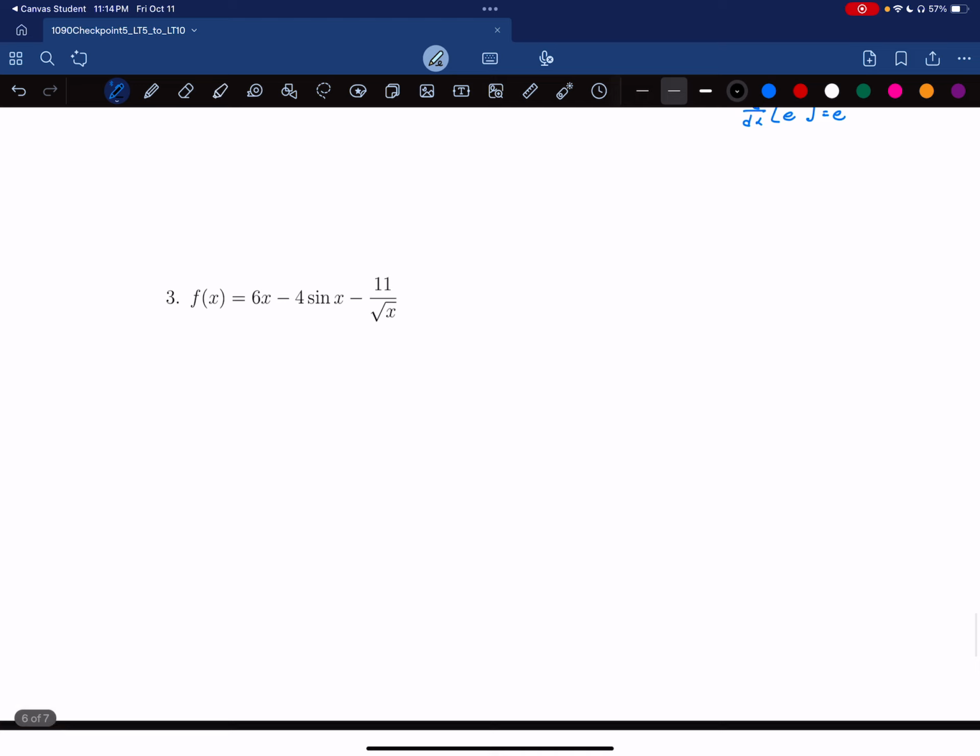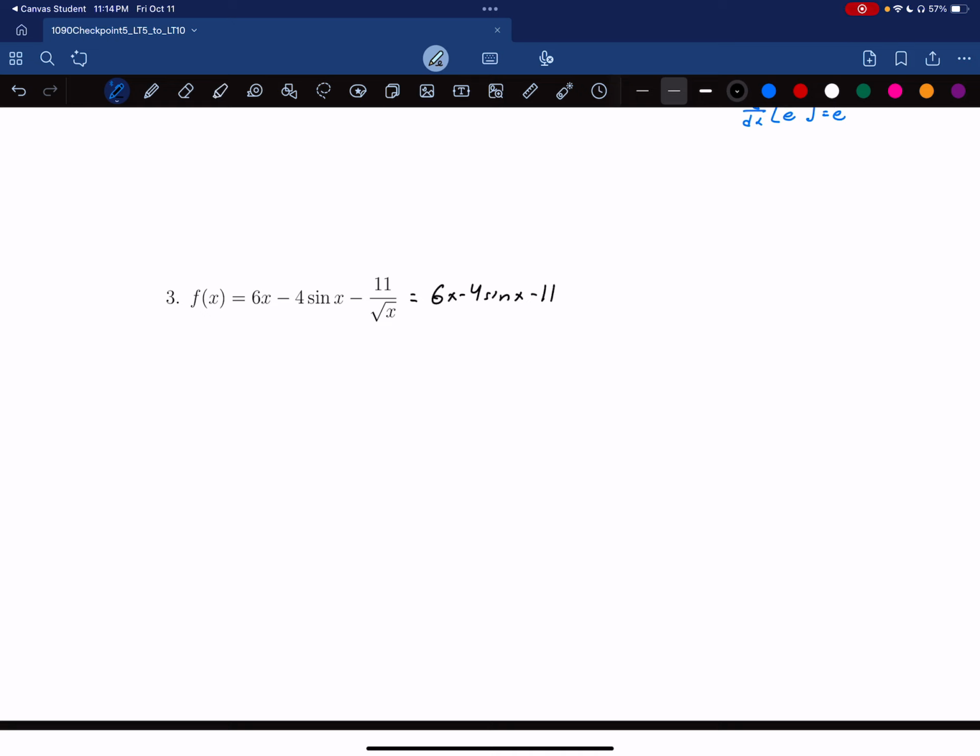And then one more derivative. The first term looks good in the current form that I like it to be in for the power rule. The second term is just trig, so that's fine. The third term though, 11 over the square root of x, I don't really love that. So I'm going to think about how I can rewrite that in terms of something that'd be easy to use the power rule for.